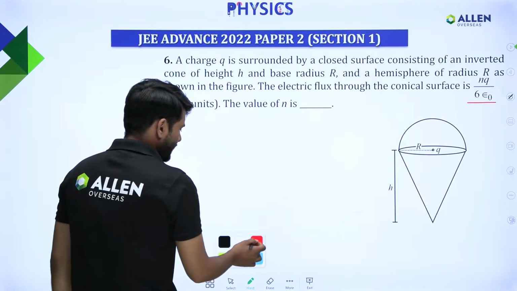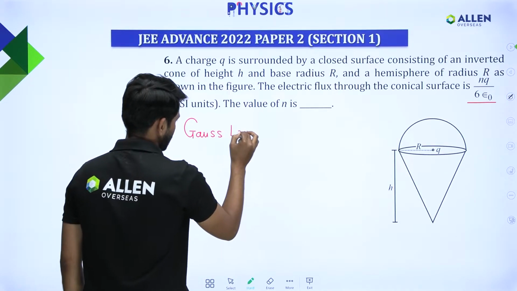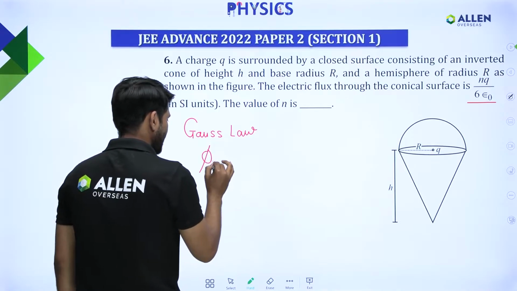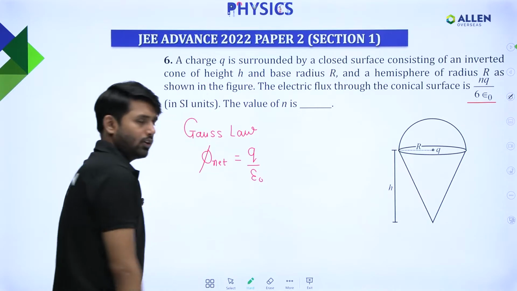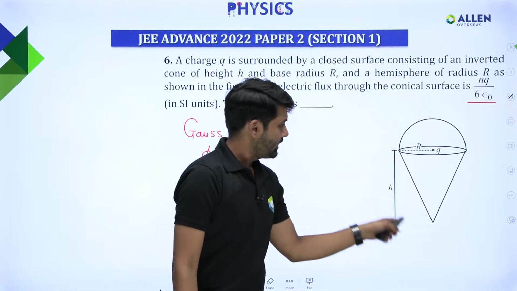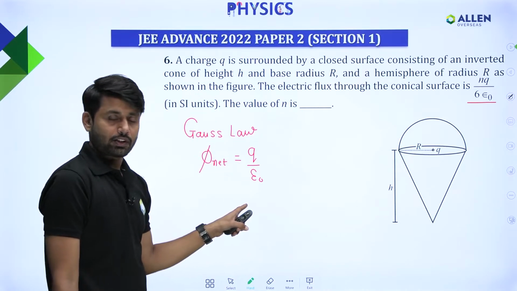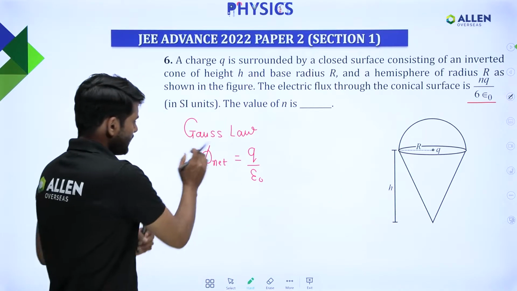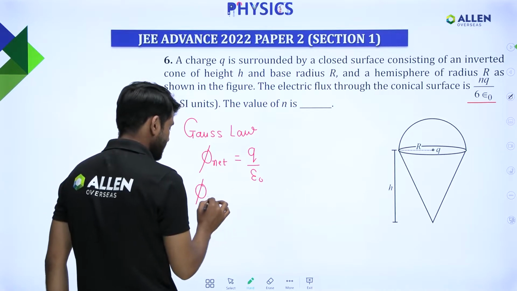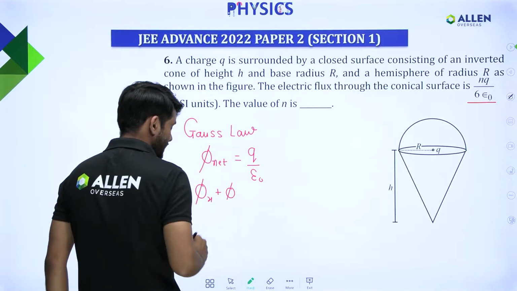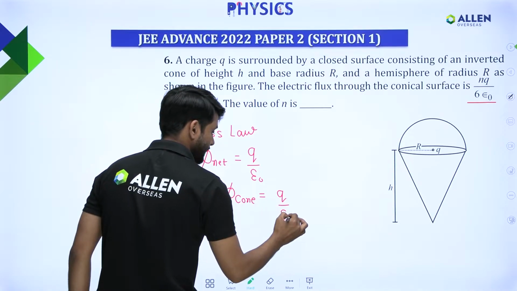We know how we can find flux. By Gauss law, we can write the flux phi net through any closed surface is Q enclosed divided by epsilon naught, right? You can see here this is a completely closed surface, and Q enclosed is Q. So this is the net flux. You can divide this net flux like this: flux associated with the hemisphere plus flux associated with the cone is equal to Q upon epsilon naught.